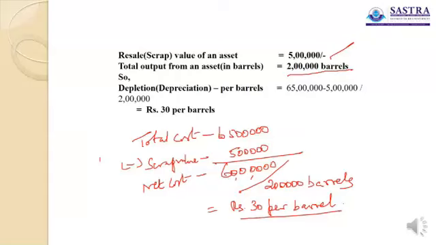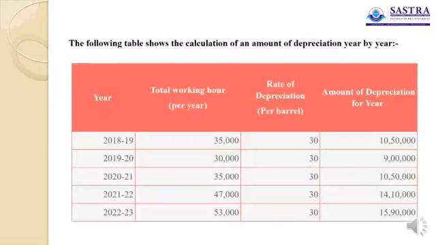Let us see now. For the first year, it is 35,000 working hours, and per barrel 30, the amount of depreciation for the year is 10 lakhs 50. The second year 30,000 into 30, 9 lakhs.